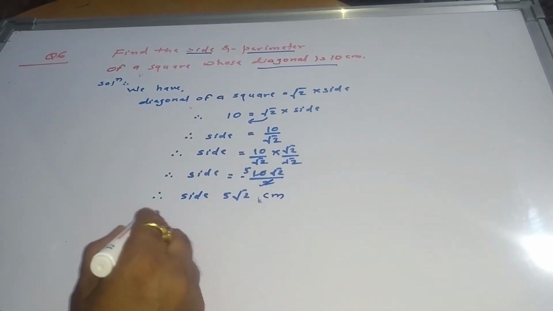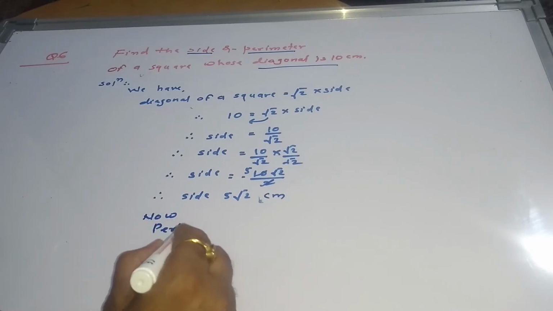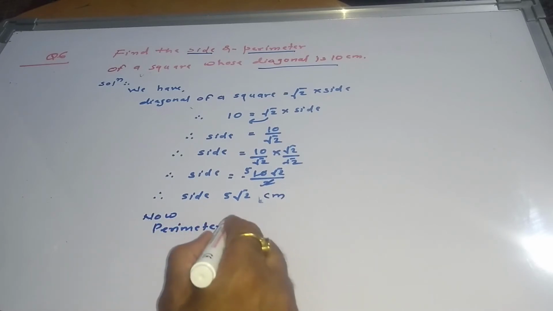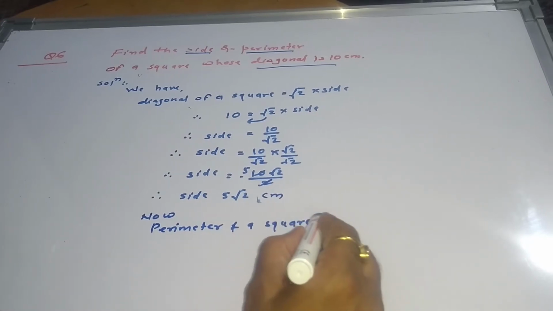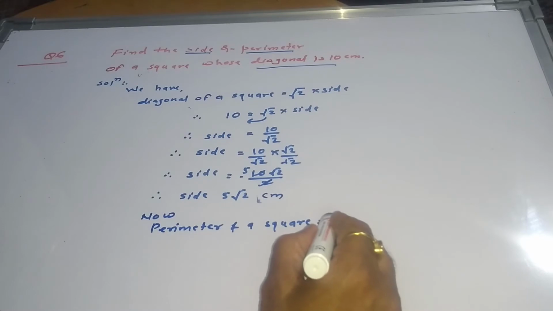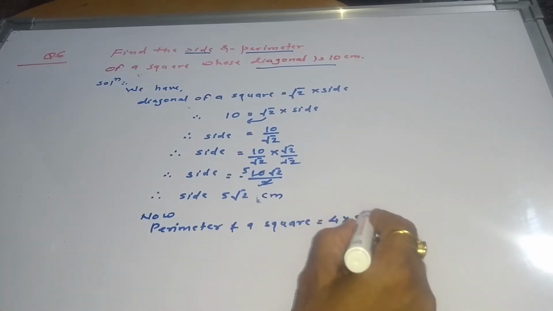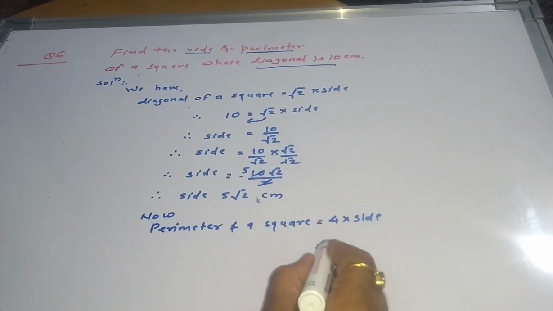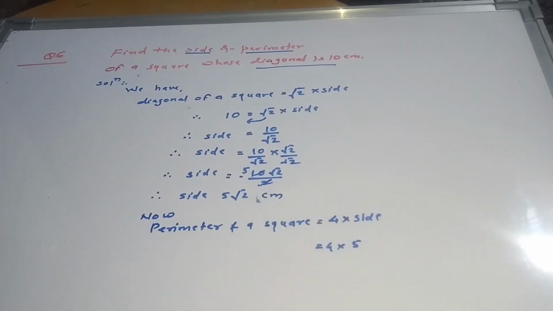Now what to determine? Perimeter of a square. We know that what is perimeter? Sum of all sides of a figure square. So that is 4 into side. So 4 into 5 √2 is 20 √2.